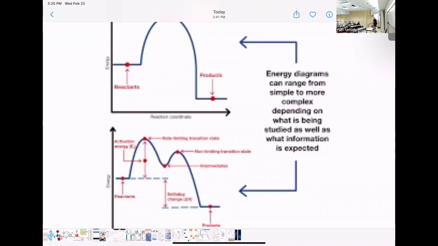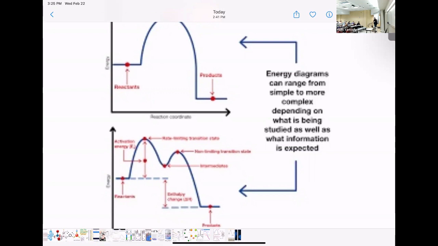Because once you get to the second step, you have a very low energy of activation. So it lowered this thing down some. But in doing so, it had to do so over a two-step method instead of just one step. Questions?